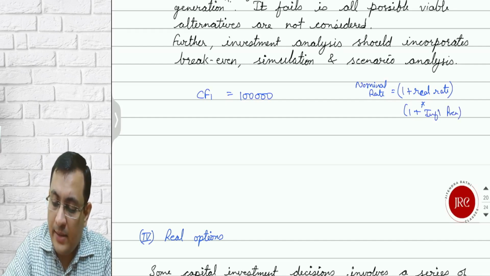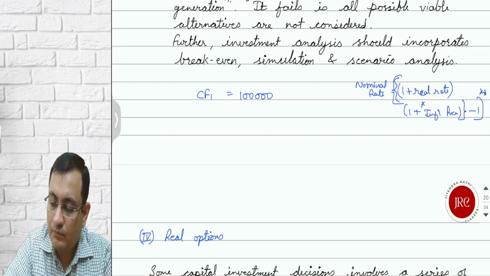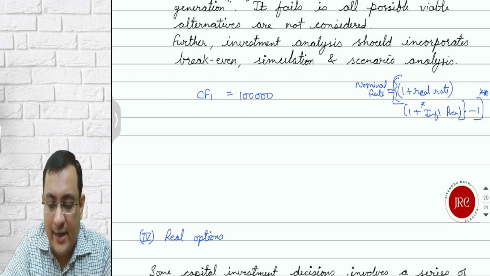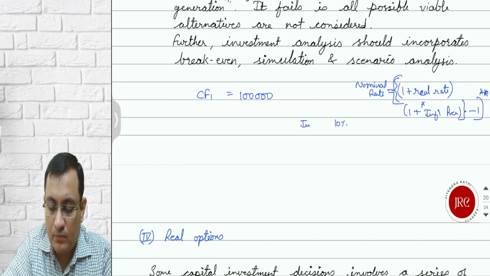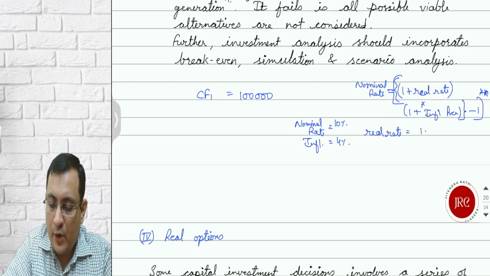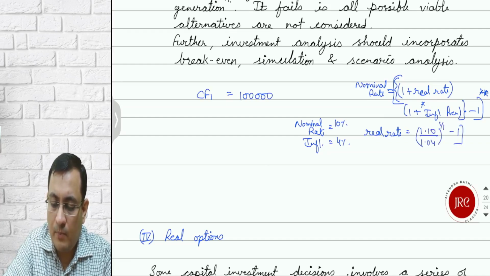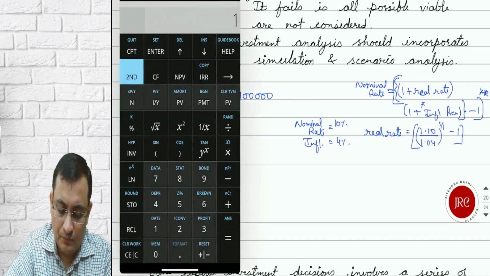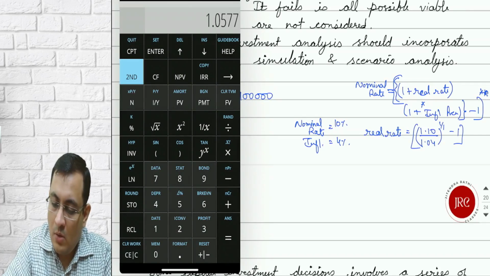So if your nominal rate is 10% and inflation is, let's say, 4%, your real rate is 1.10 upon 1.04, power 1, minus 1, which equals 5.77%.